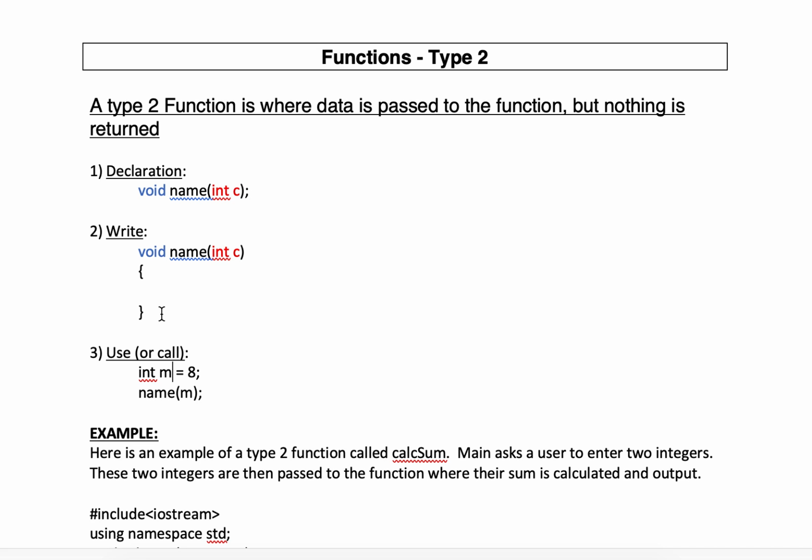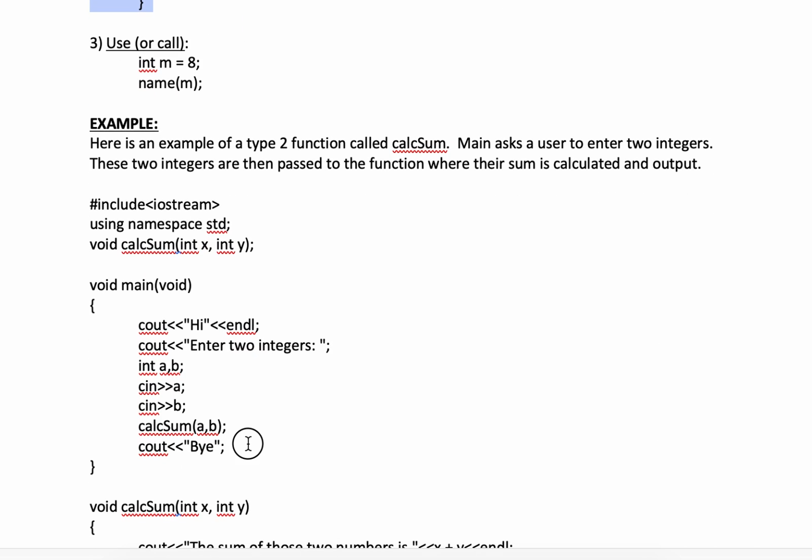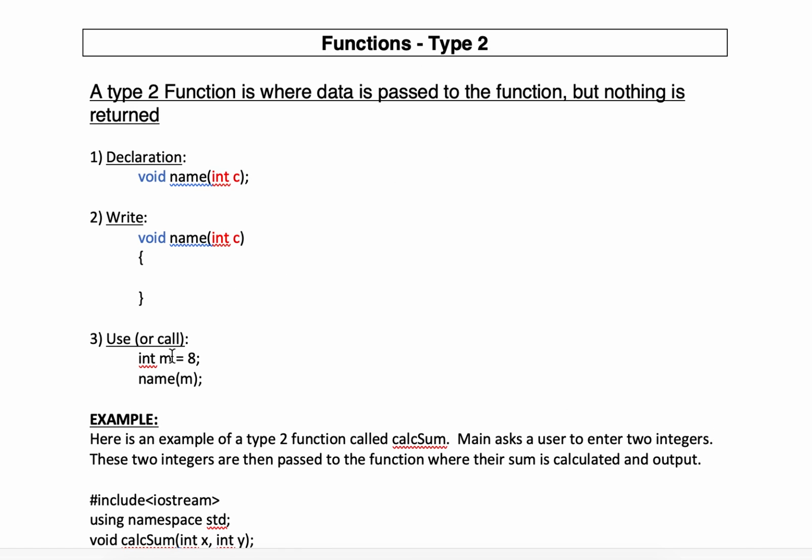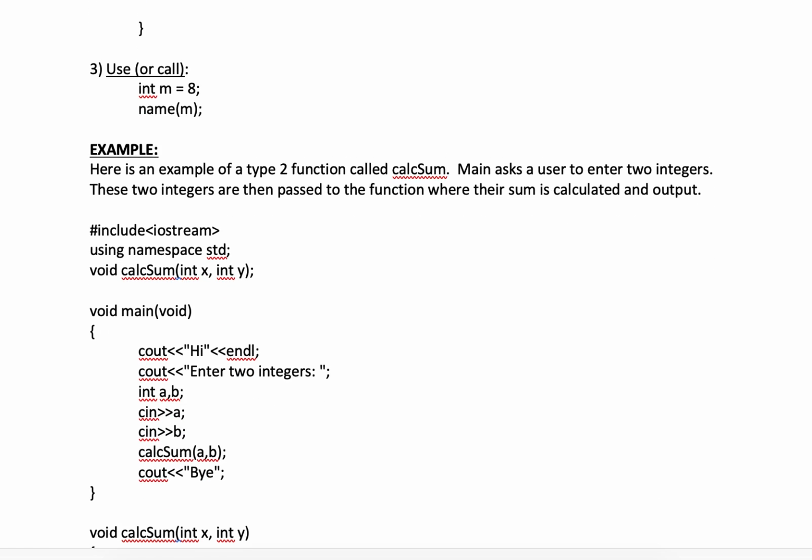Remember scope, anything that is declared inside main between these two swigglies, for example int A and B, is not known outside of this block of code. So I could have called this C here, but it's not the same C as what's going into this. It's the same value. You'll see that in the examples that we show.